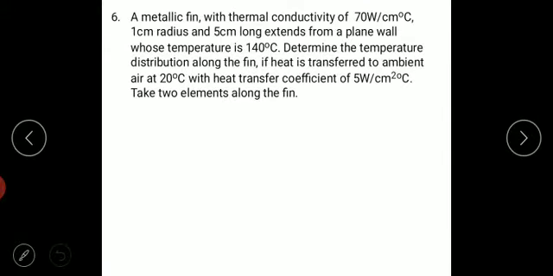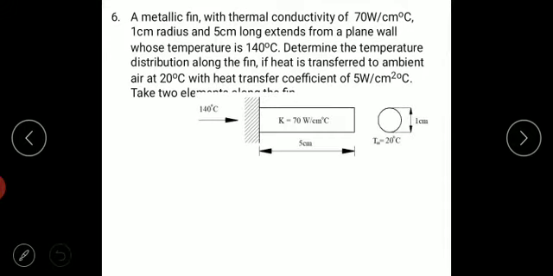We shall start with the previous problem because I made a small mistake in the force vector. I am repeating the same problem once again: a metallic fin with a thermal conductivity of 70 watt per centimeter degree Kelvin and 1 centimeter radius.